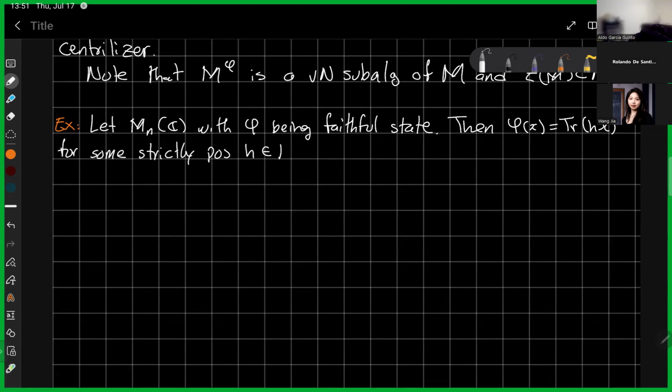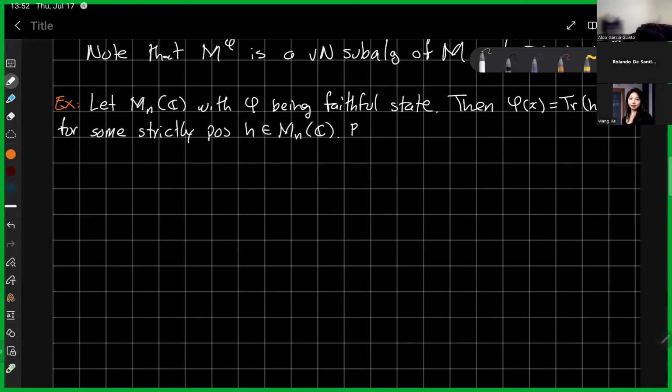This is mainly because Mn is a Hilbert space, so you can look at its linear functionals, and there's a one-to-one correspondence between the Hilbert space and its linear functionals. And so that's where I get H from. And then the positivity is just a computation that you can do.